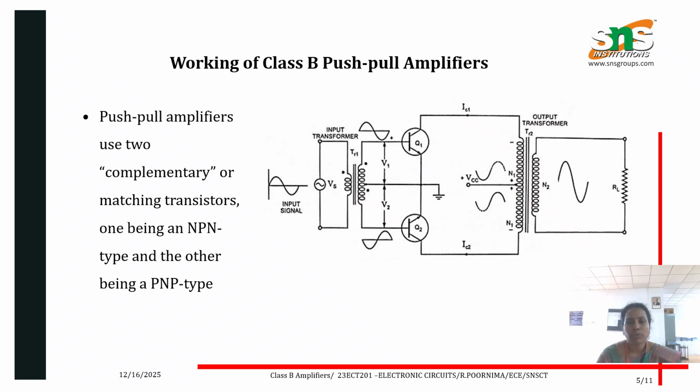At the output of the collectors, the output transformer is connected. So at the load, the two half cycles are combined. This type of circuit is known as the complementary symmetry push-pull Class B amplifier. One is the NPN type, the other is the PNP type.